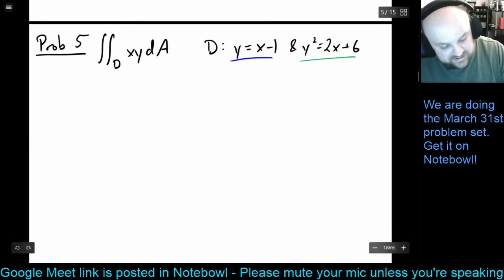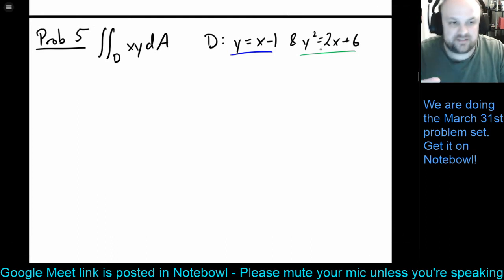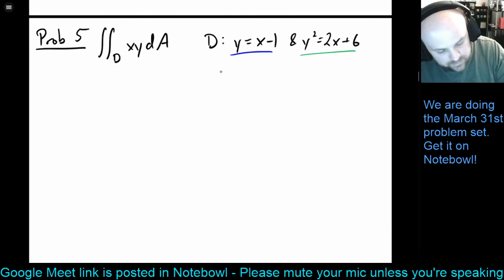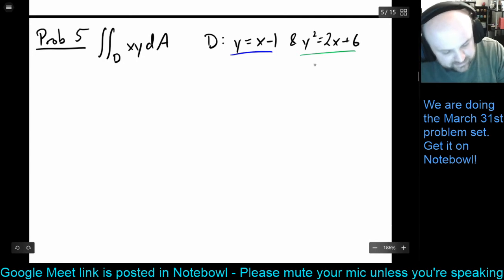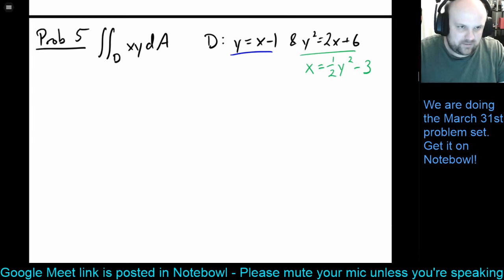All right, so let's sketch this. So this is a parabola that opens to the right. Let's rewrite this a little bit. This is going to be x equals 1/2 y squared minus 3. I'm going to do that just so I have a good idea of what that parabola looks like.